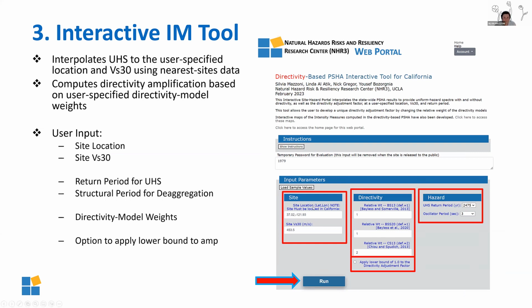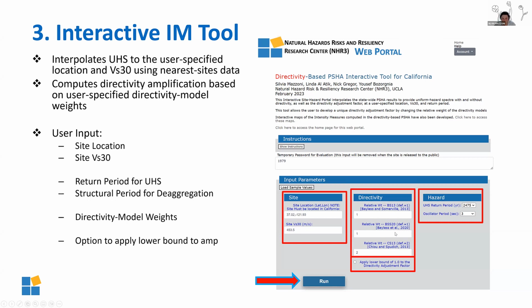So that's how the input works. You input your site coordinates or your VS30, as well as directivity weights. I like to use integers, but if you want, you can make this 0.25, 0.25, and 0.5. These are the numbers that Linda was giving, or you can set 100 if you only want to use the BS13.